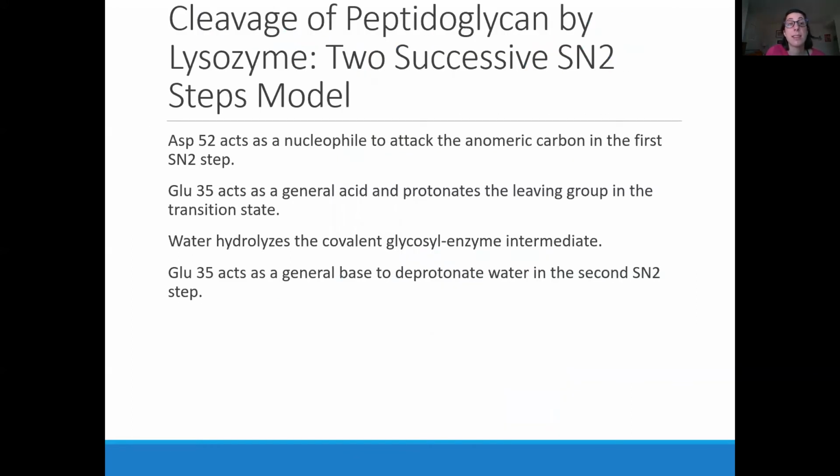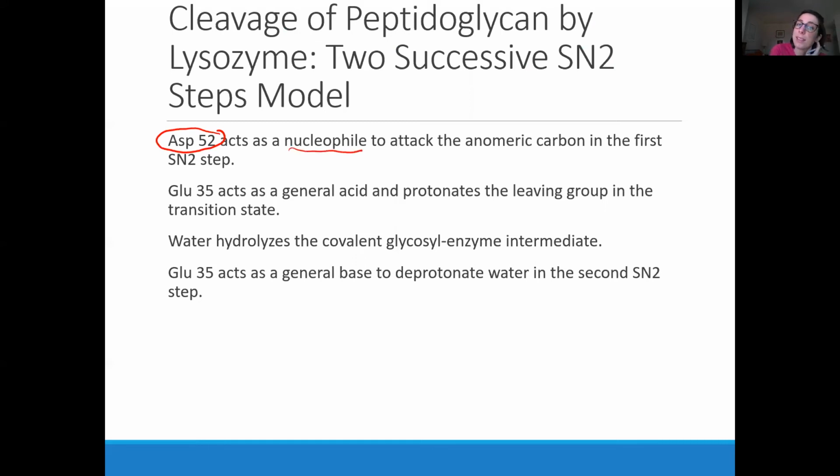How does the cleavage of peptidoglycan by lysozyme happen? It's actually by a series of steps that are SN2 in nature. So an aspartate, aspartate number 52 on the enzyme lysozyme, can act as a nucleophile. And again, nucleophiles are donating electrons, right?